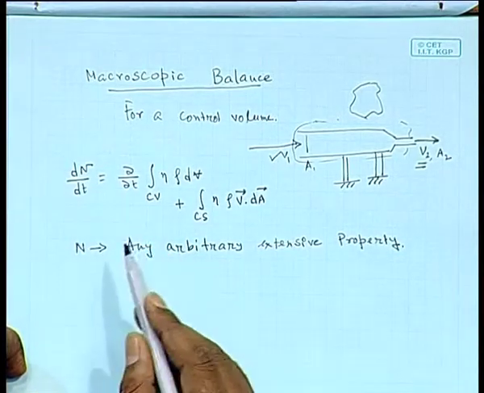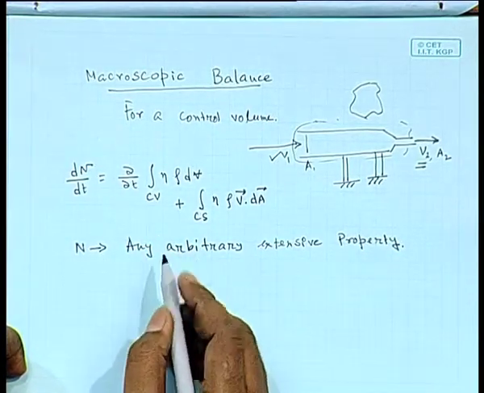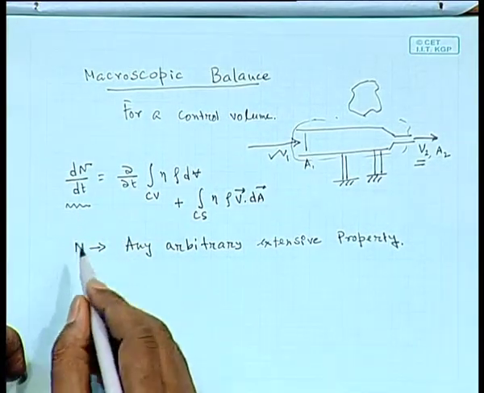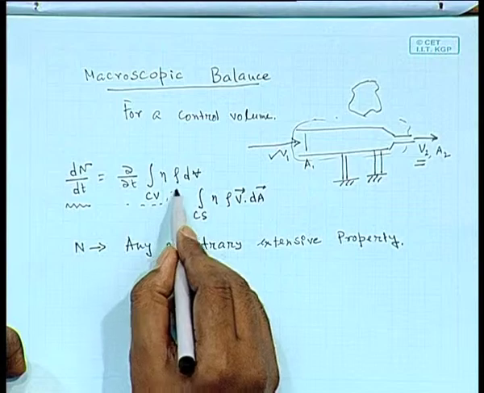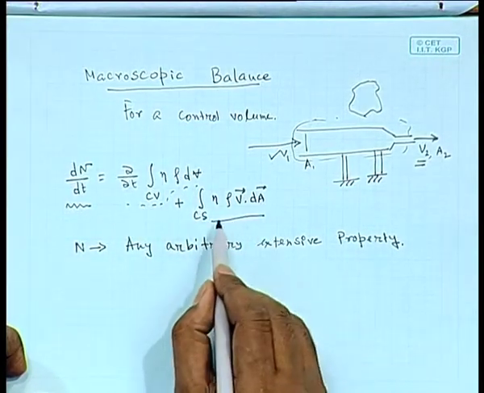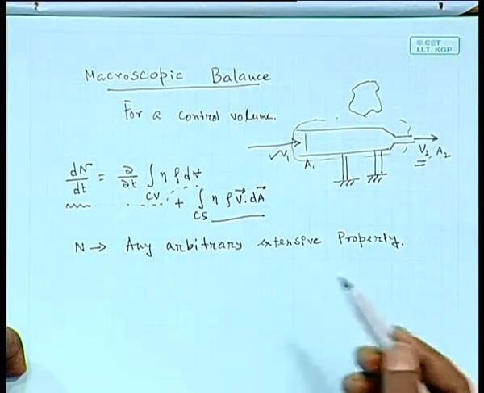It may be mass, it may be momentum. So, this is a kind of total derivative or material derivative. This is your local derivative, and this is basically the convection term.